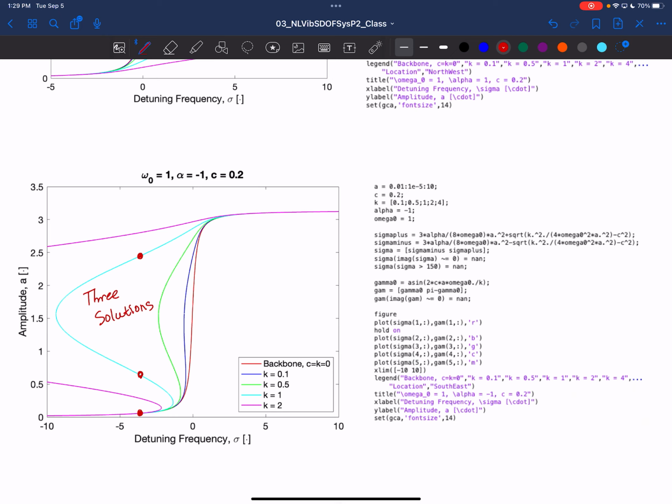And this one's also a phase. Yes, good catch. Is this softening or still hardening? This is softening. So you can see here that this alpha is -1.